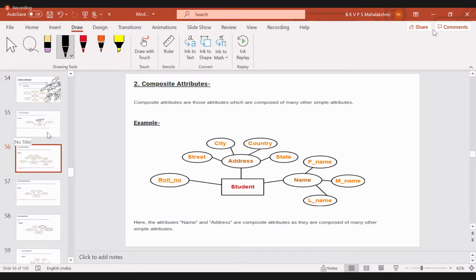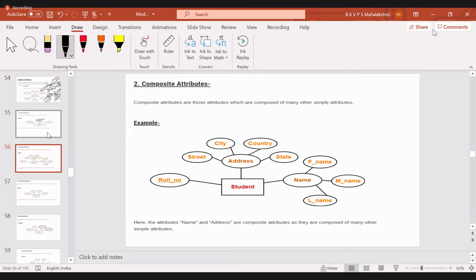I told you already that name and address are composite attributes. If you mention it like this, it is a normal one only. But if you consider that a particular attribute is a composite one, then what other attributes may it consist of? Maybe first name, middle name, last name. It is a composite of all these three. Hence it is a composite attribute.